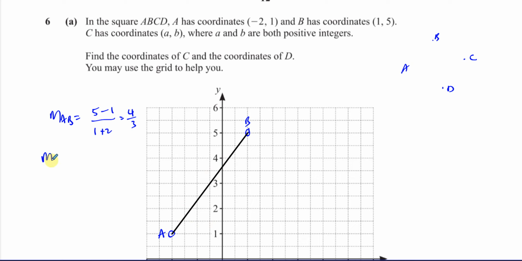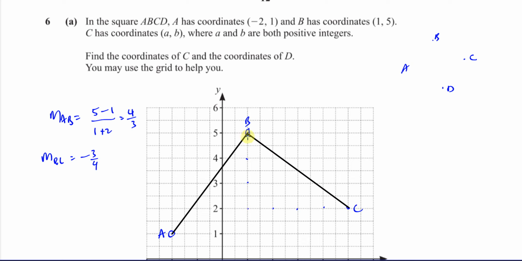So the gradient of the line taking us from B to C has to be the negative reciprocal, -3 over 4. So you're going to go 3 down and 4 across. So 1 unit down, 2 units down, 3 units down, and 4 to the right: 1, 2, 3, 4. So this is where C must be for this to be a square.